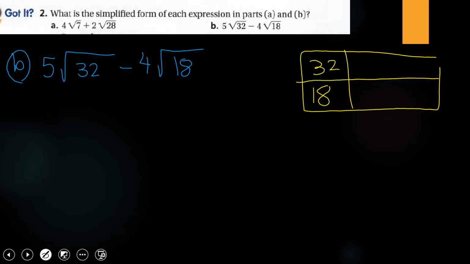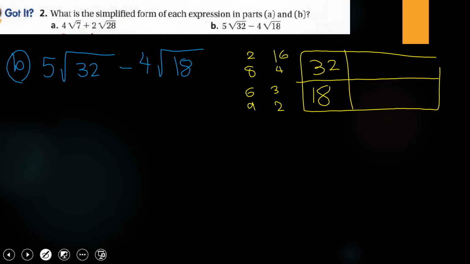Like, you know that 32 is 16 and 2, 8 and 4. For 18, we have 6 and 3, 9 and 2.